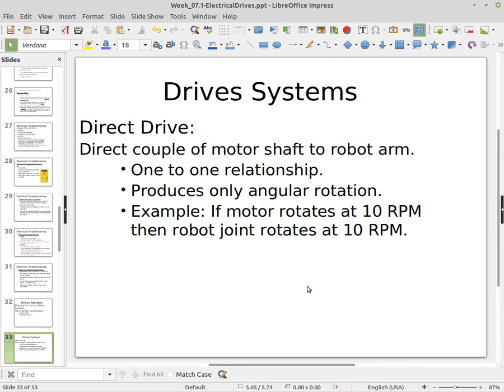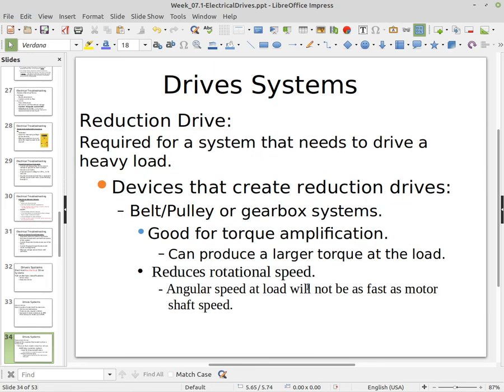But it gives us a one-to-one relationship. So if we attach this to a robot joint and the motor is rotating at 10 revolutions per minute, that's the speed that that robot joint is going to rotate at. But with a reduction drive, which can be either a gearbox system or a belt and pulley system, we can trade speed for torque.